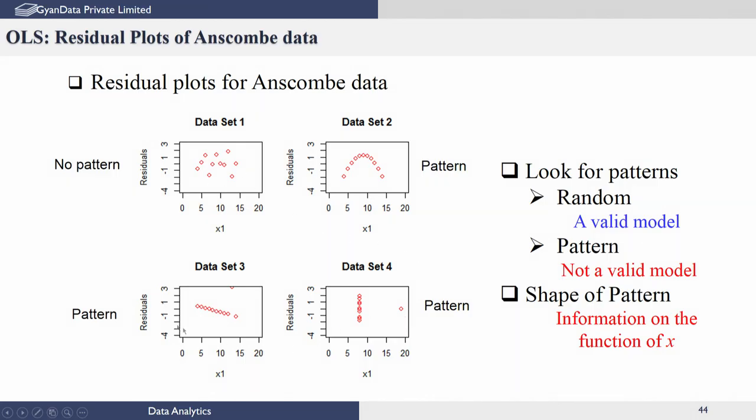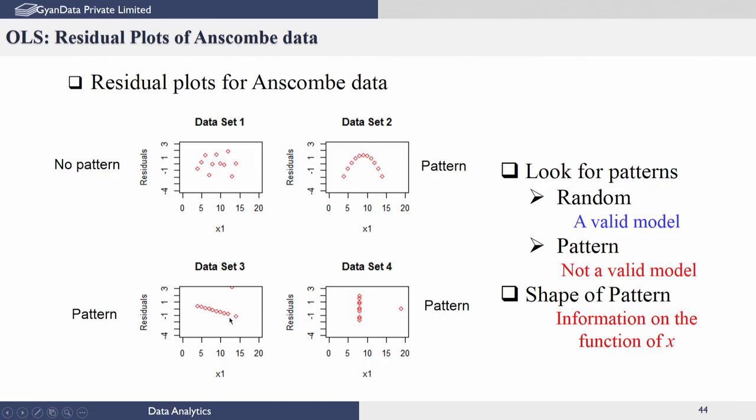Now, based on this we can safely conclude that for data set 1 clearly the linear model is adequate. All the previous measures were also satisfied, and now the residual plot also shows a random pattern, or what we call no pattern, so the linear model is adequate. Whereas for data set 2, by looking at the residual plot we can conclude that a linear model is inadequate and should not be used for this data set.